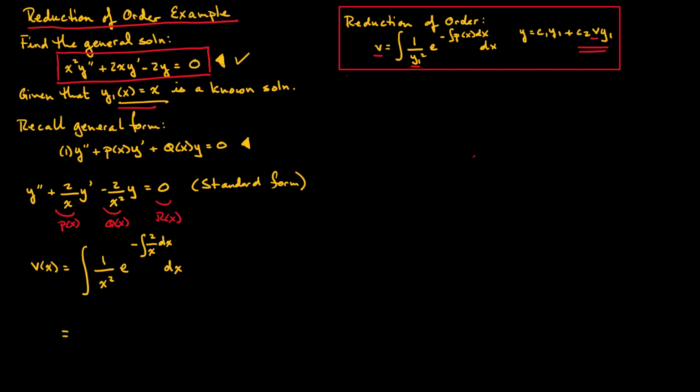So let's try to simplify this before we tackle the integration. We have 1 over x squared, and we're going to take this 2 out of the integral. So we have e to the negative 2, and then we have the integral of 1 over x, which is equal to ln of x, and all of this dx.